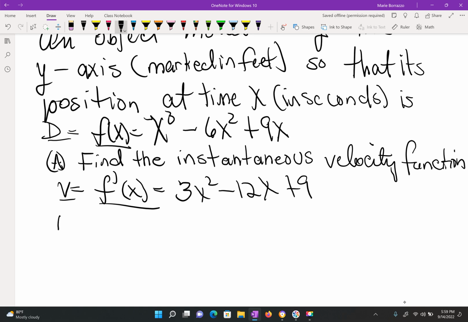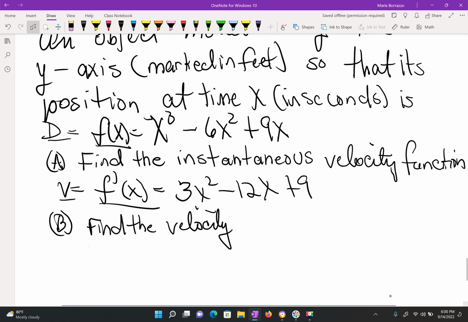In part B, they're saying find the velocity at x is 2, and at x equals 5 seconds. So this is 2 seconds, this is 5 seconds.